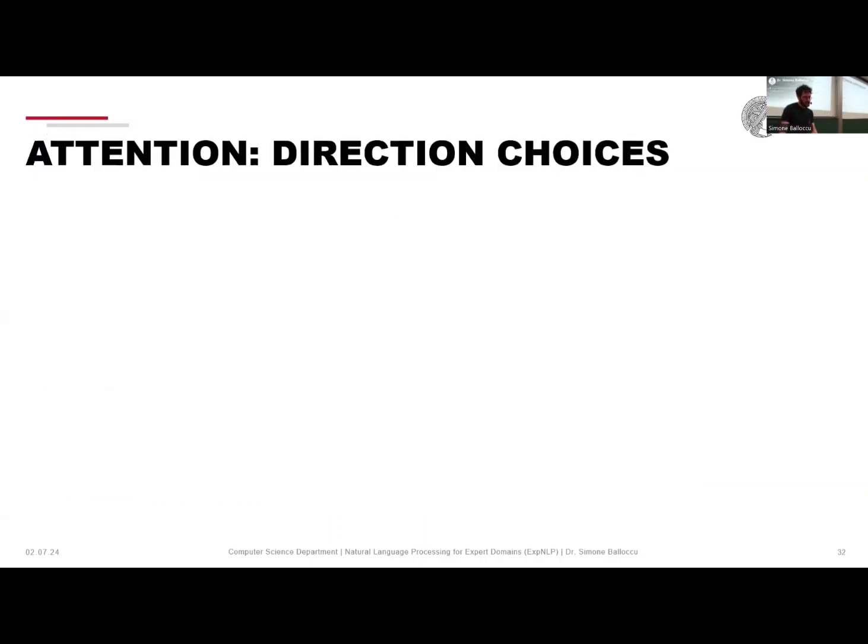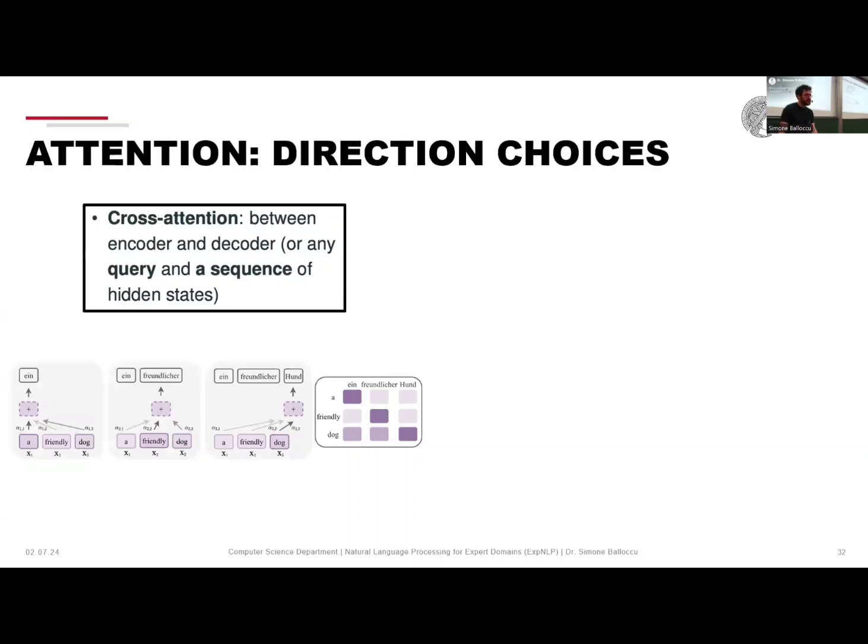And finally, the direction choices. So now we have two main ways. This is called cross attention, where basically what you're looking at comes from another sequence. So now, for example, here you see we are translating. Every time you translate, you're looking at the states from another sentence, which is the starting one, like English when you're translating into German, for example.